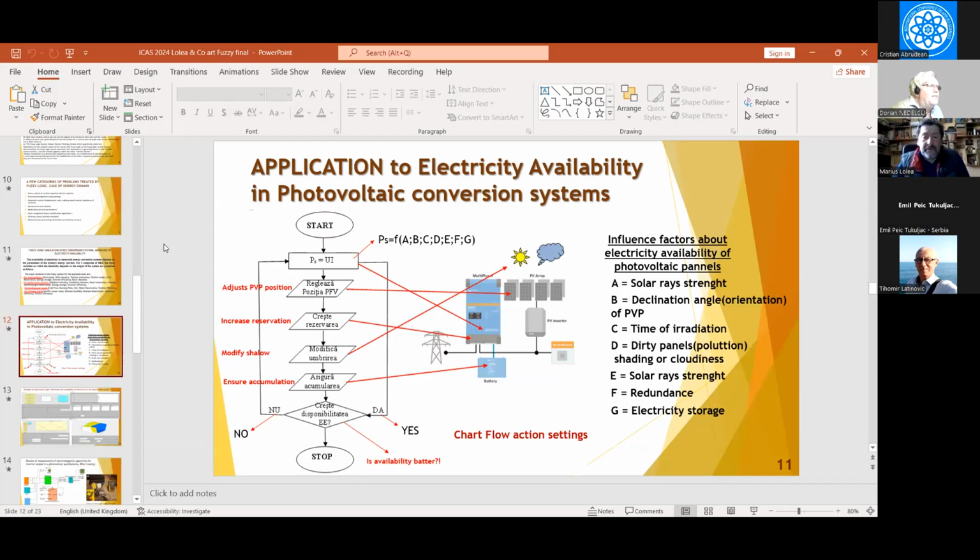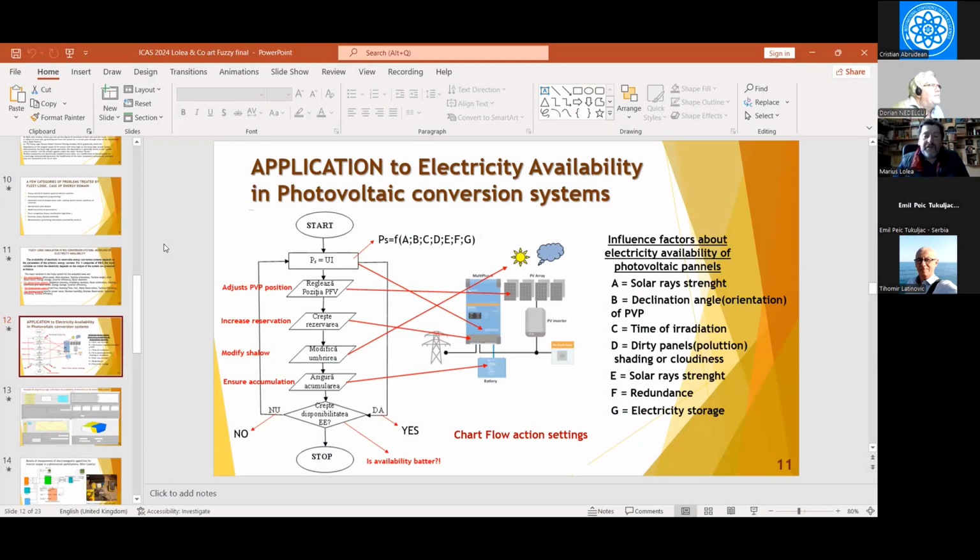This is the flow chart of settings in which we adjust the values of the basic influence factors which influence the electricity availability of the photovoltaic conversion system. Starting, we need to adjust the photovoltaic position and increase the reservation.